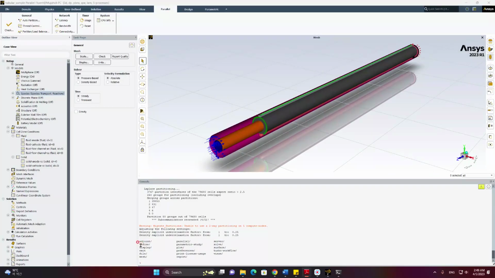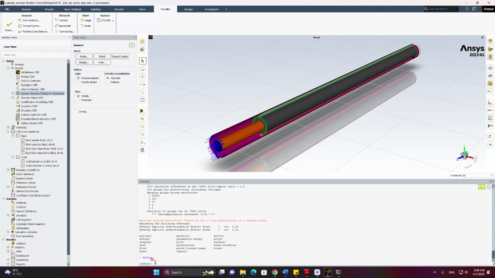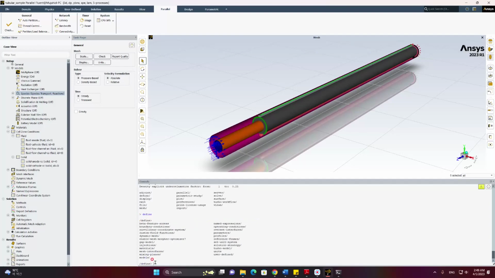These are the common commands that will be used. But right now we should go to define, because we want to define this module. If we hit enter again, you get the next set of commands applicable to define. We want to go to models, hit enter again, and we have a number of models, but we want add-on.